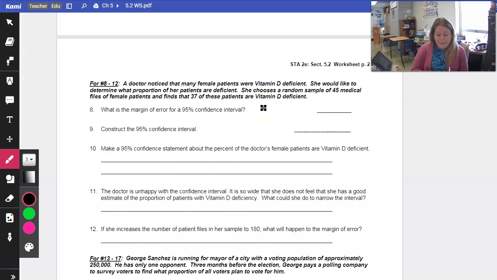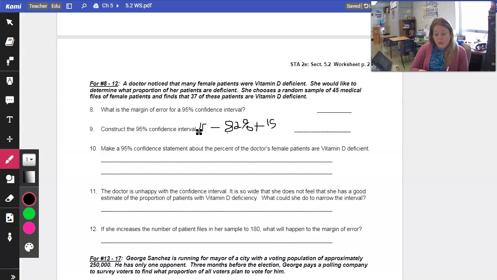All right, so the statistic is 37 over 45. So that's 82%. So right now, 82% of her patients are deficient. But we have a margin of error of 15%. So we're going to go up 15, and we're going to go down 15.